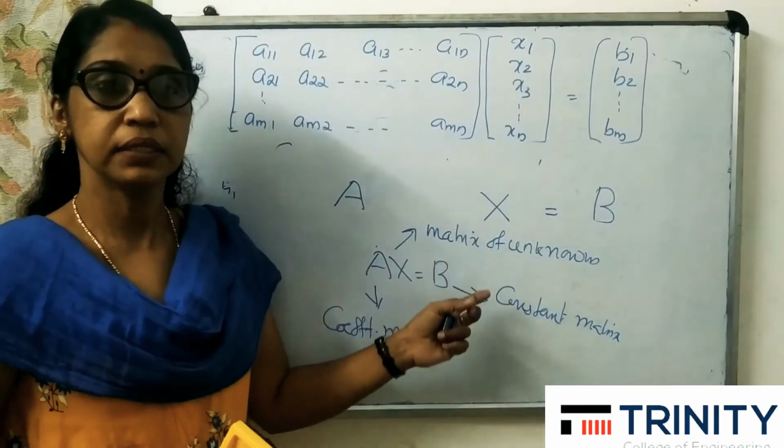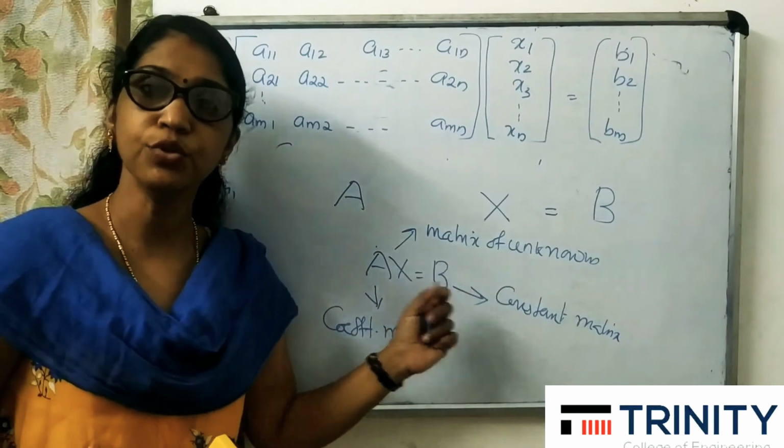So this is the matrix form, and we write it as AX equal to B.